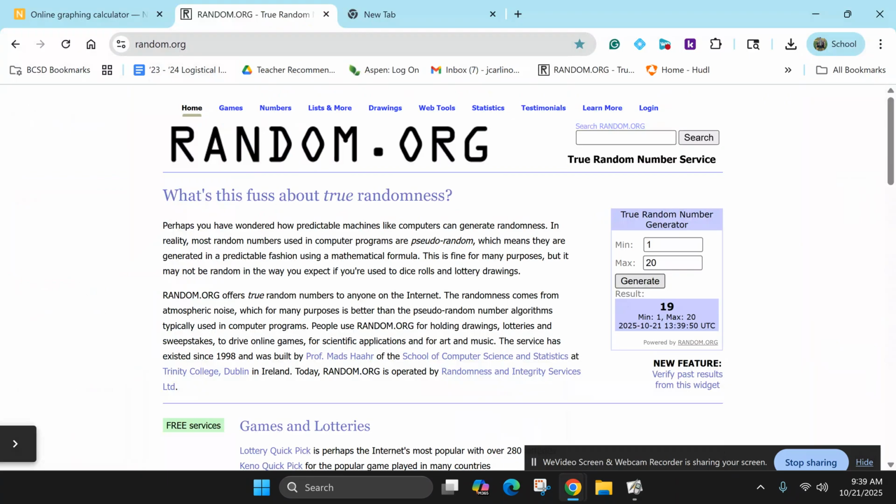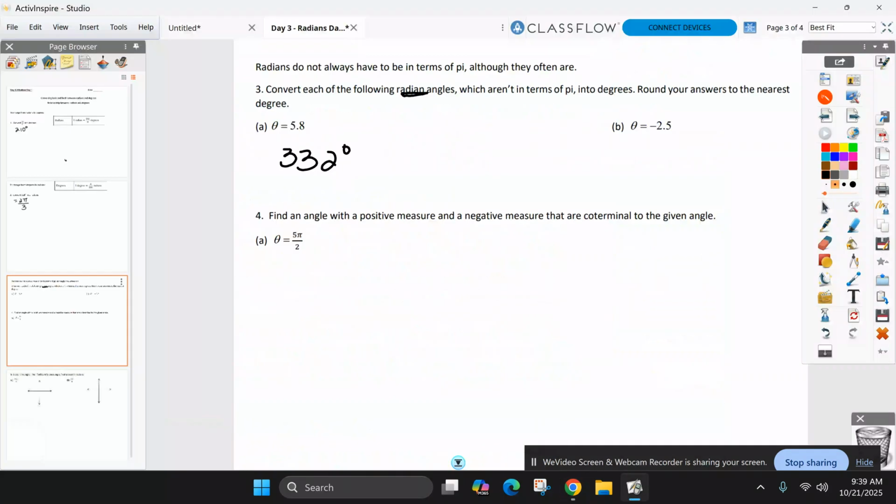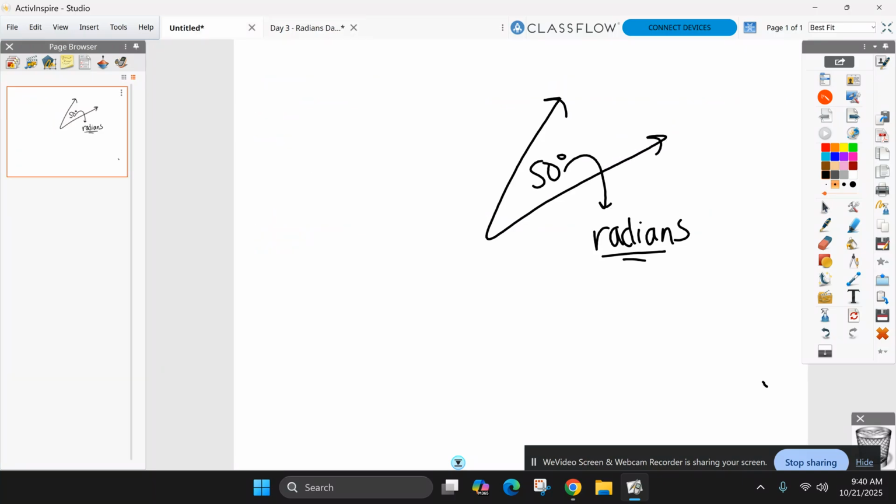Where am I going with that one? Brennan, what'd you get to the nearest degree? Negative 143. Everyone else is good there? Negative 143. Okay, don't go ahead on me here because now we're not converting anymore. Any questions here on how to go from degrees to radians or radians to degrees using your NumWorks calculator? We're all good.